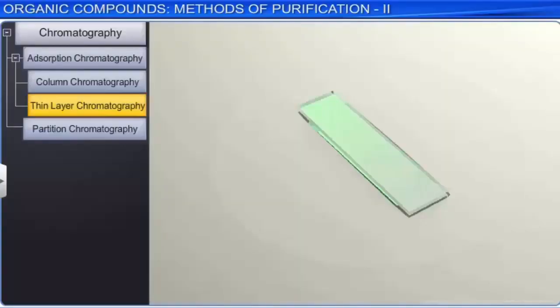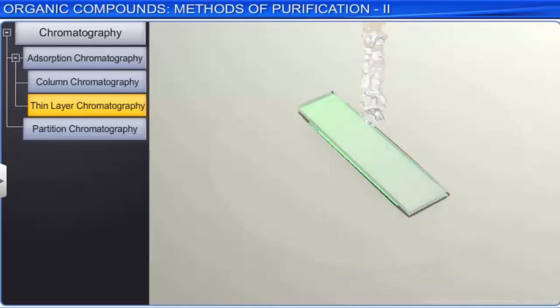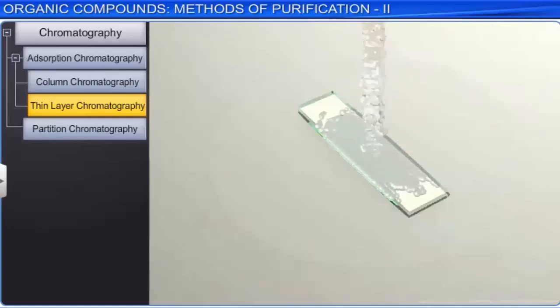Now let's look at thin layer chromatography. Thin layer chromatography involves the separation of substances in a mixture using a glass plate which is coated with an adsorbent. In this method, a thin layer of adsorbent, preferably alumina or silica gel, which acts as the stationary phase, is coated on the glass plate.